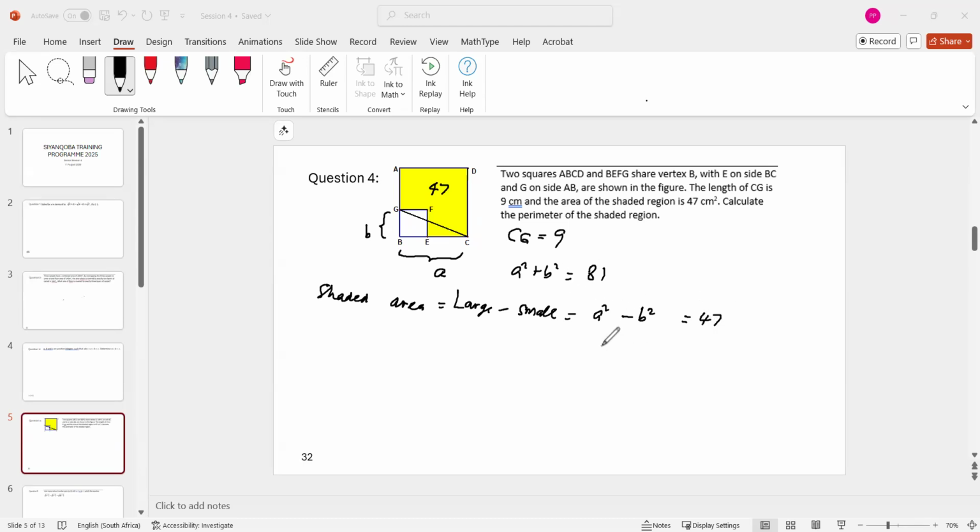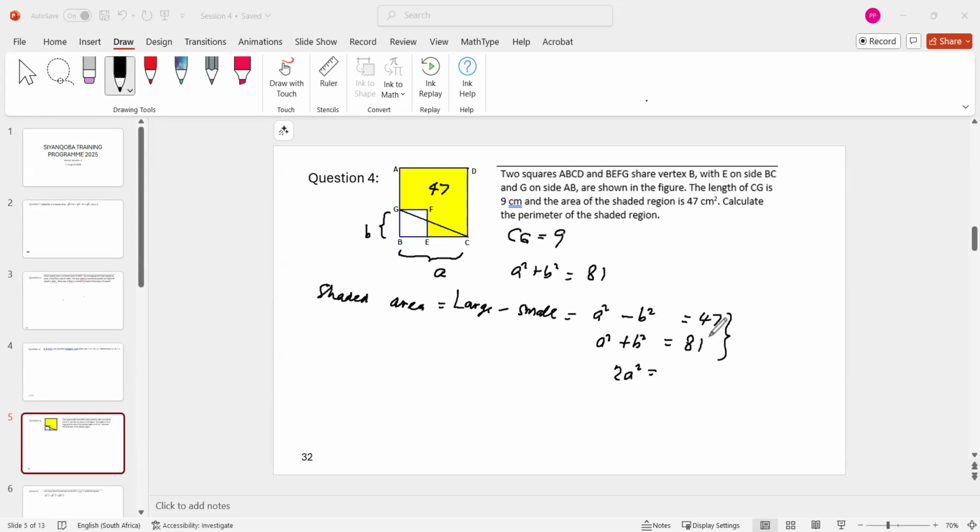So if you combine these two things, A squared plus B squared and A squared minus B squared, now you've got two equations and two unknowns, and you can calculate what these things are. Look, I can add quickly and I'll get 2A squared. The B squared will cancel out. If I subtract, I'll eliminate the A squared. But I just want to work out A squared.